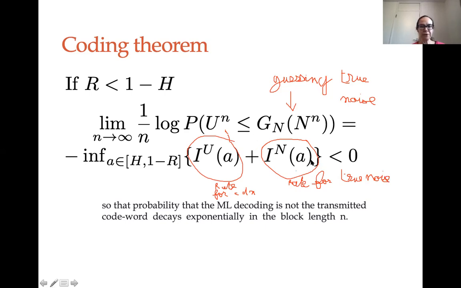Well, this is positive, and this here, there is a minus. So when I multiply by n on both sides, you have to be really careful because of the limit. But basically what's happening is, this is negative, which means that the rate of this probability is going to decay exponentially with the block length n.